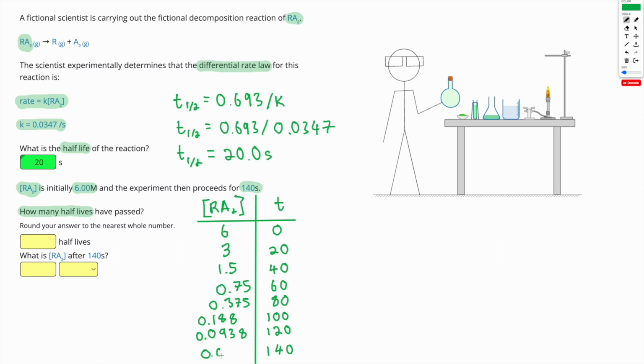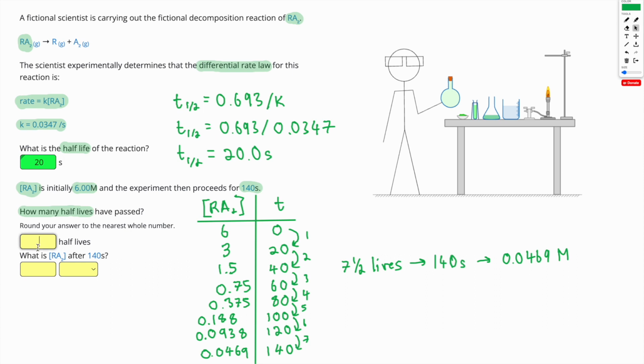It's 0.0469. Okay, so we halved once, twice, 3 times, 4 times, 5 times, 6 times, 7 times. We've had 7 half-lives pass to get to 140 seconds and a concentration of 0.0469 molar. So let's fill in our answers over here.